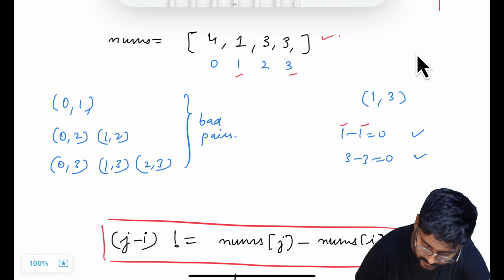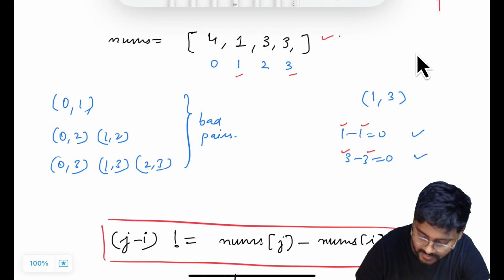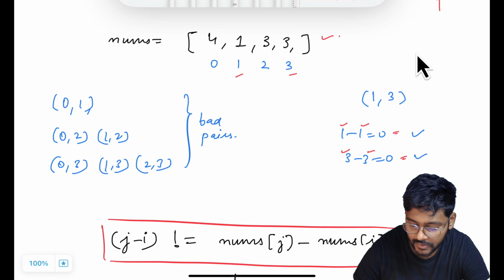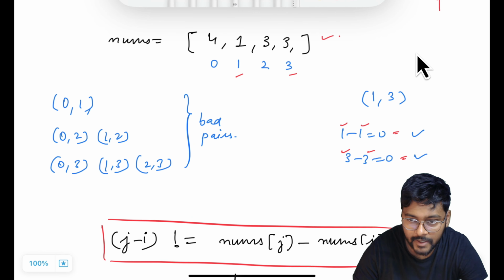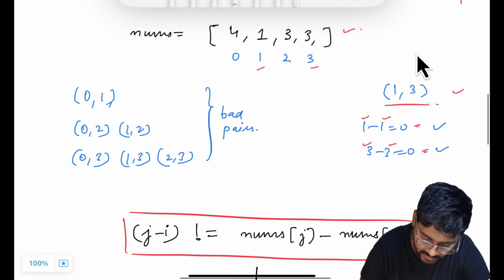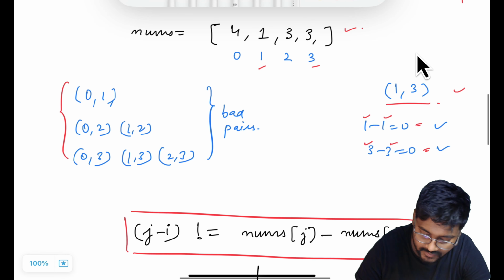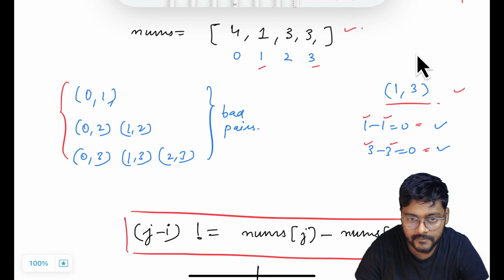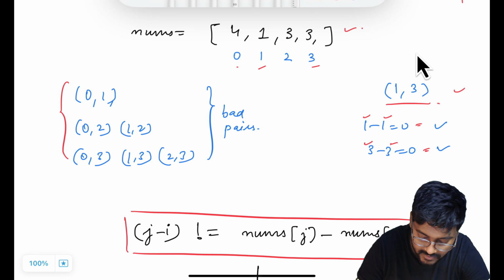For index 3, the value is 3, and I am getting 0. Both are the same. It means this is not a bad pair. It is a good pair, and one good pair is there. If we analyze, all the other pairs are bad pairs: (0,1), (0,2), (0,3), (1,2), (1,3).